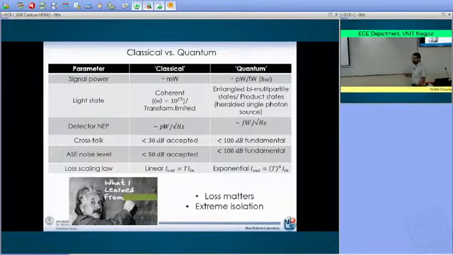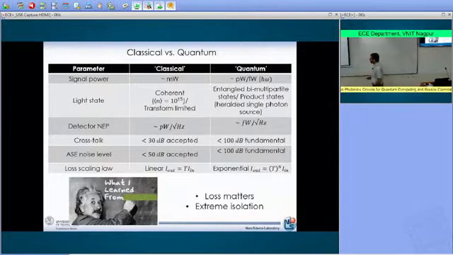We need to develop filters that are able to isolate the nearby channel by more than 100 dBs. And you see how those two quantities differ, which means that the requirement on the single component in quantum photonics is much more stringent than the one that we are typically used to in standard classical silicon photonics.